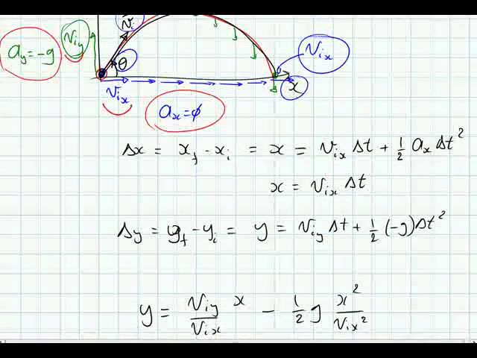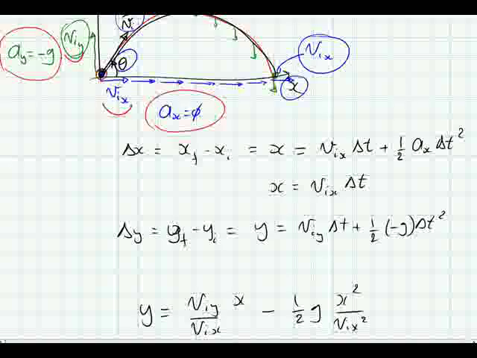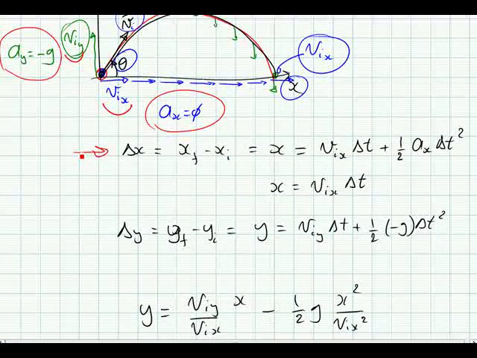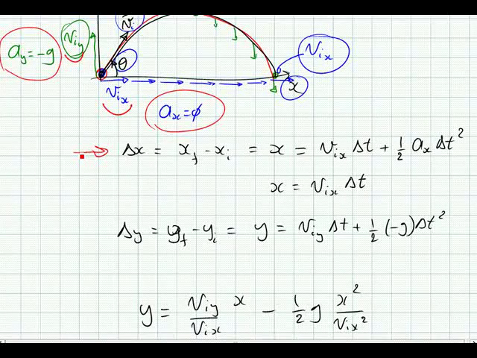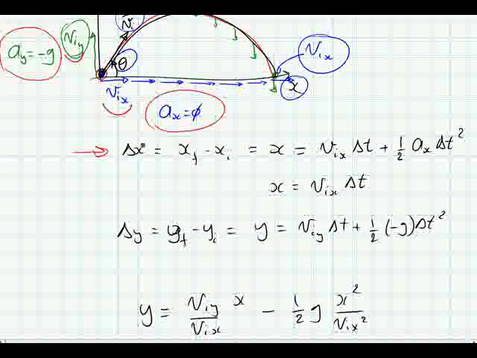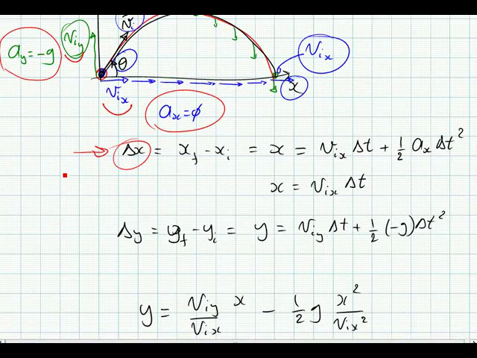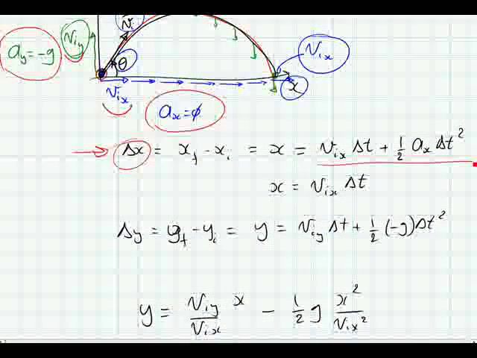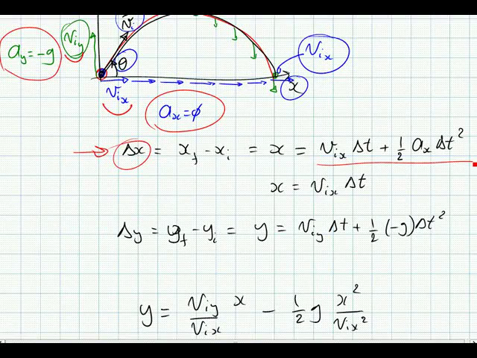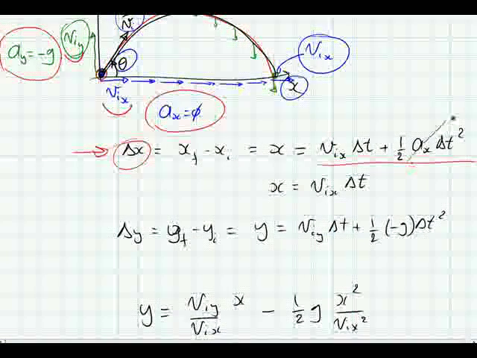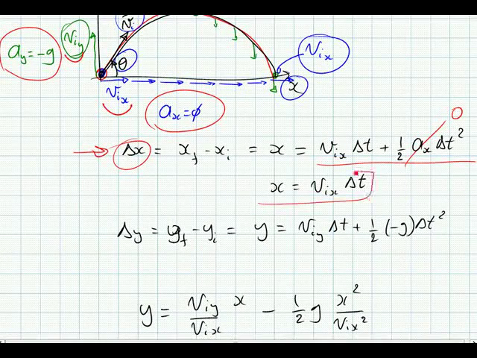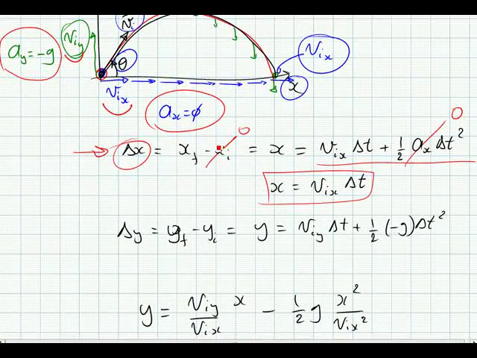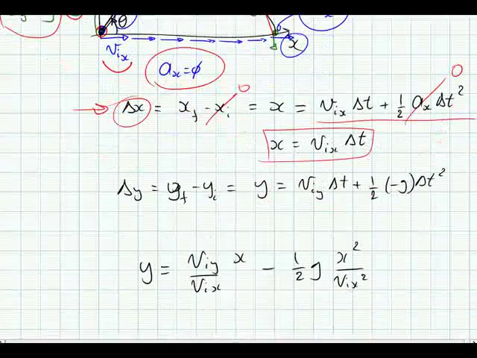And the kinematic equations are of course valid. The kinematic equation along the x-axis gives us the displacement along the x-axis is equal to initial velocity along the x-axis times delta t plus 1/2 a_x delta t squared. This term is 0, and x_i is also 0, so we end up with a simple relationship like that.